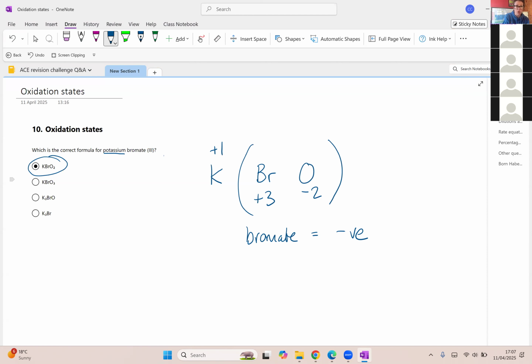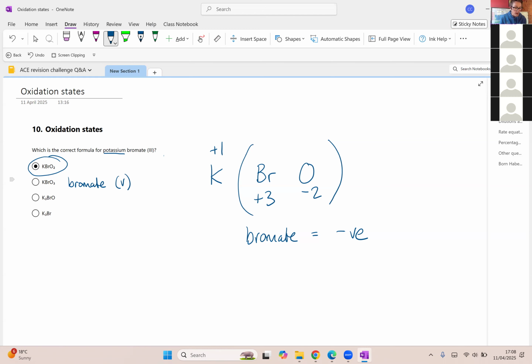In this case, it's multiple choice anyway, so all I needed to do was work out the oxidation state of the bromine. The second option is potassium bromate(V), because there are 3 oxygens, -6. Potassium is +1, so bromine must be +5.